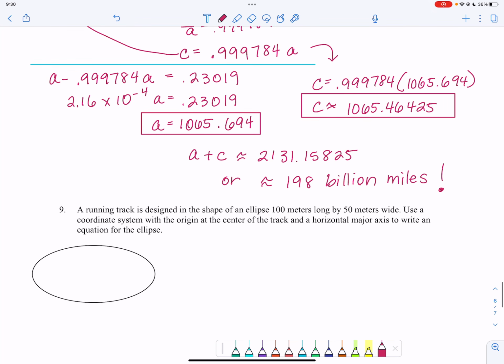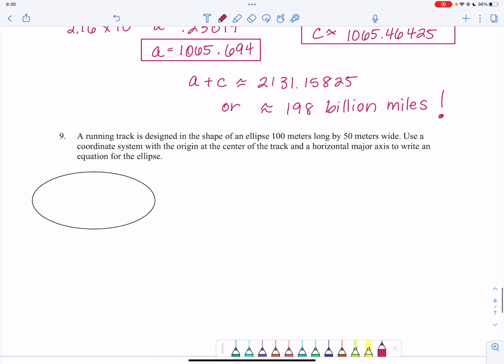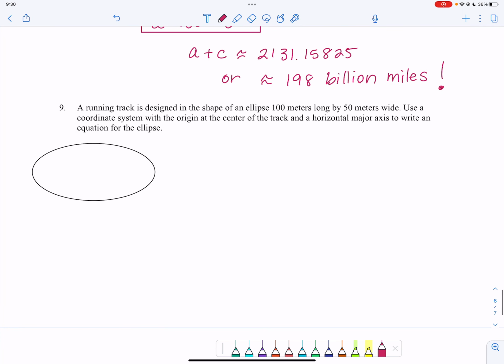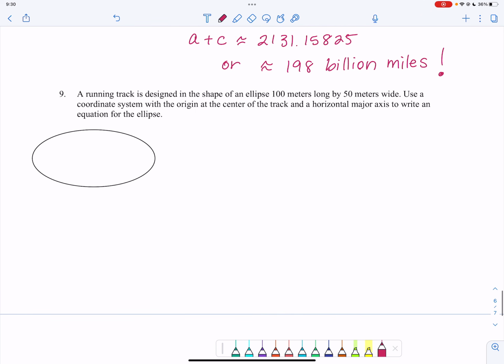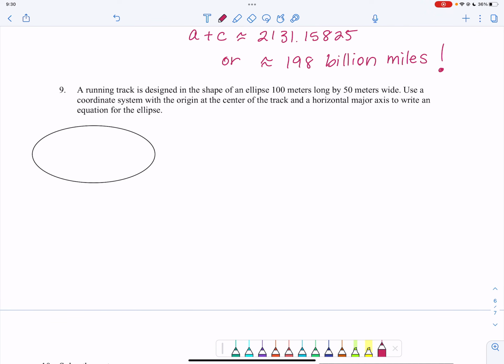So we have a running track designed in the shape of an ellipse, 100 meters long by 50 meters wide. We're going to use a coordinate system with the origin at the center of the track, and a horizontal major axis.